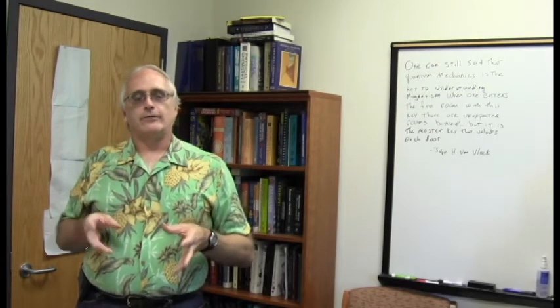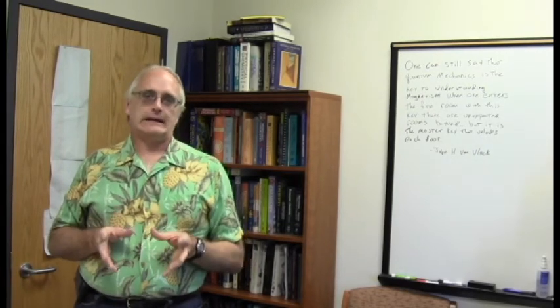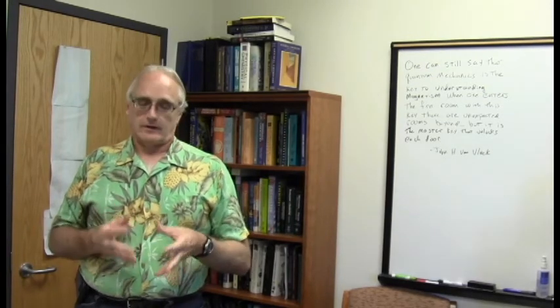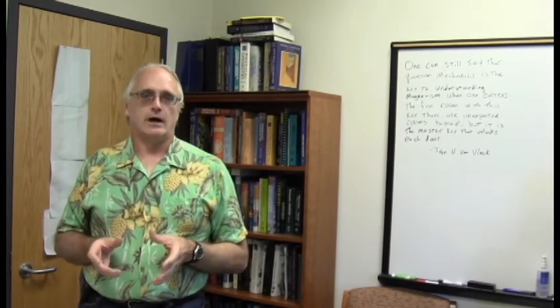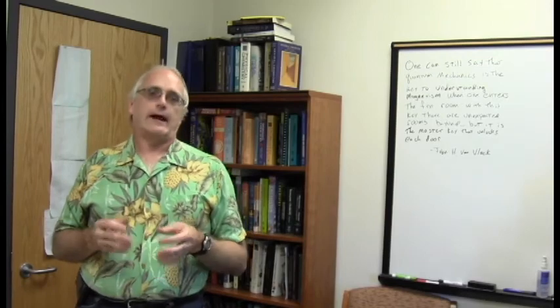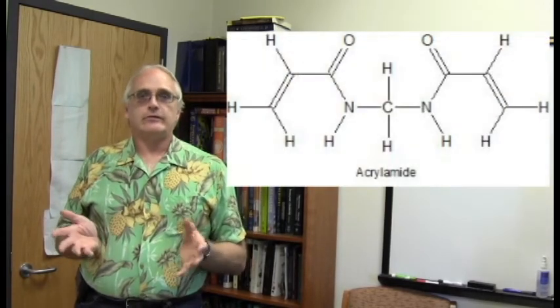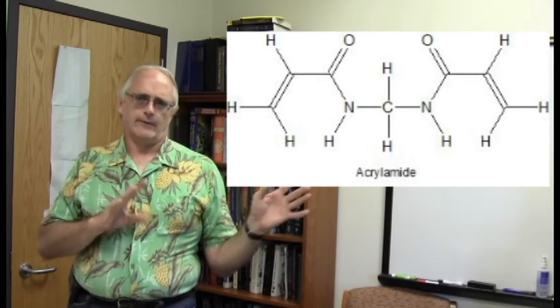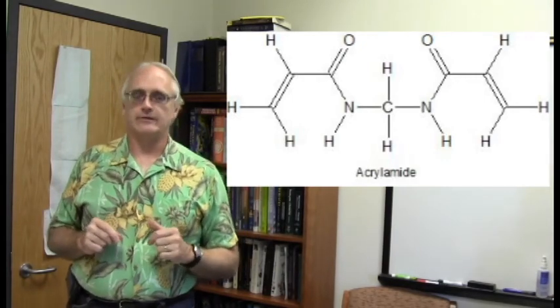Together, we have gone through essentially every one of the techniques that we've been developing here in coming up with a structure for this molecule. It's called acrylamide, and it is a fairly common one that is used in biochemistry. I don't know why, but I don't care. It's an interesting NMR sample.